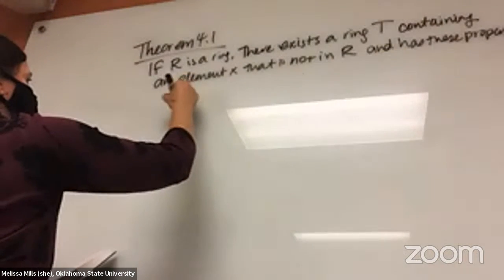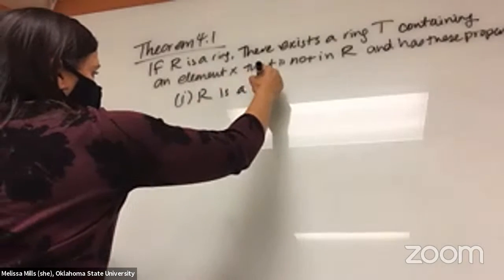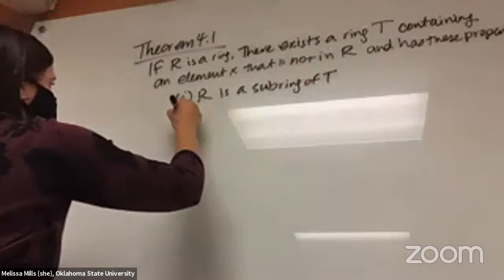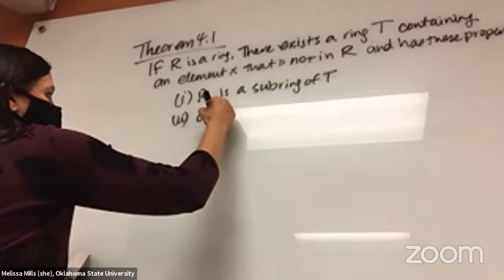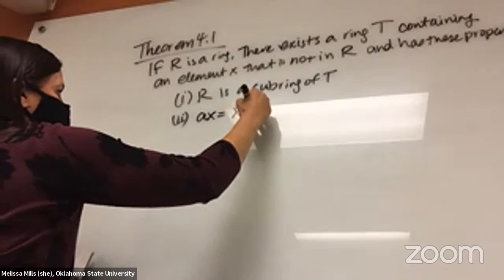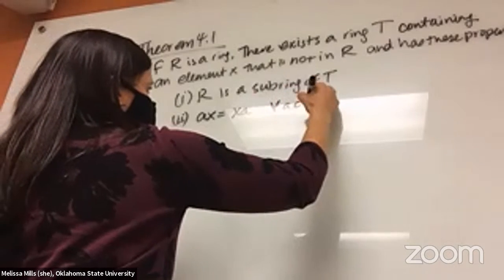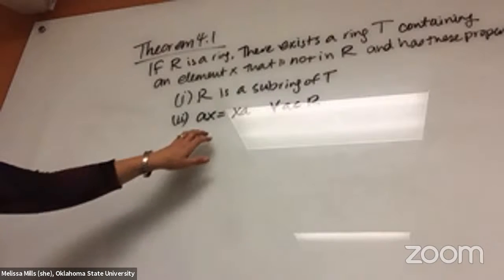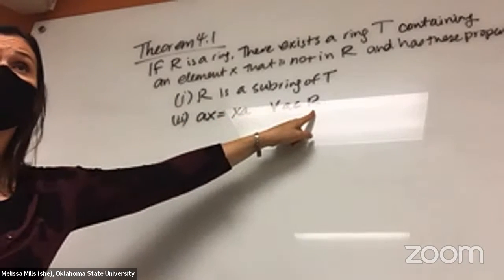One, R is a subring of T. Secondly, aX equals Xa for all a in R. I write this up here, but I want to point out that that doesn't necessarily mean that R is commutative.